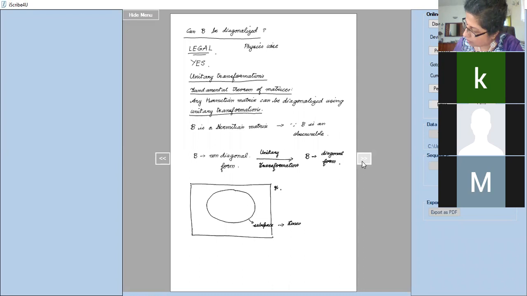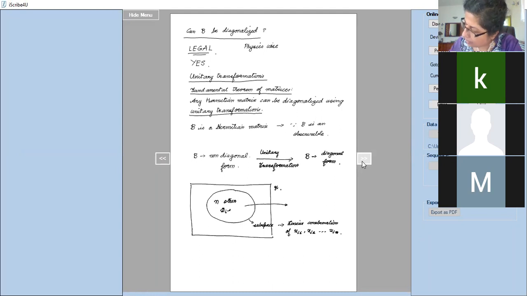Linear combinations of ui1, ui2, ... uin. So here you found n other phi i's. And what is the property of these phi i's?